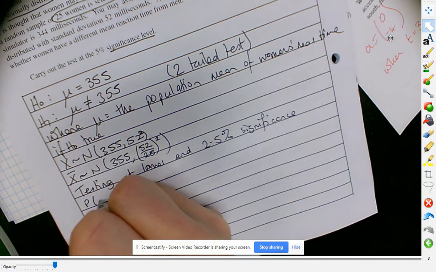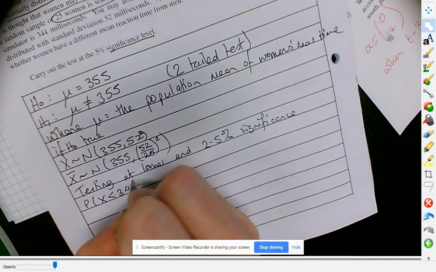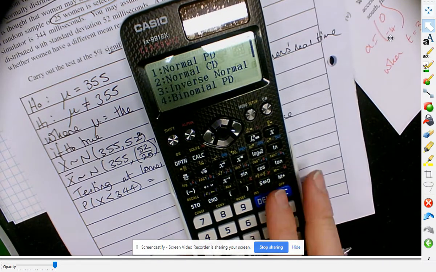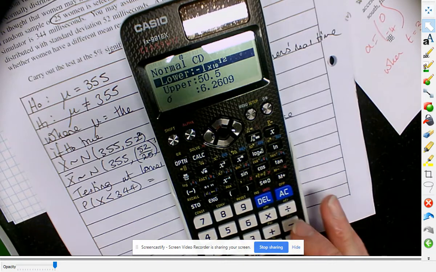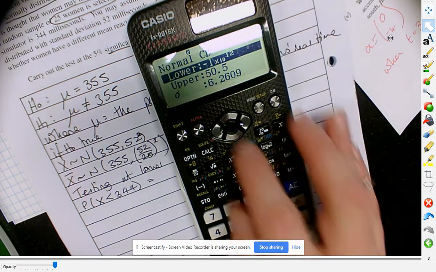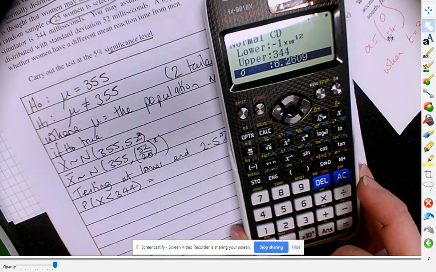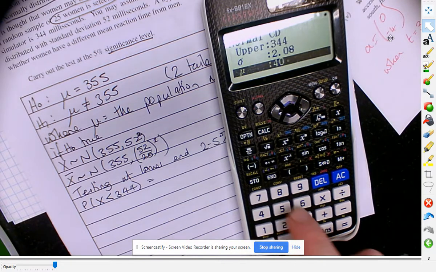I need to know the probability, because it's a lower end test, the probability that X is less than 344. And I'm using my normal distribution, lower limit's already in, upper limit 344, sigma 52 divided by 25, mu 355.